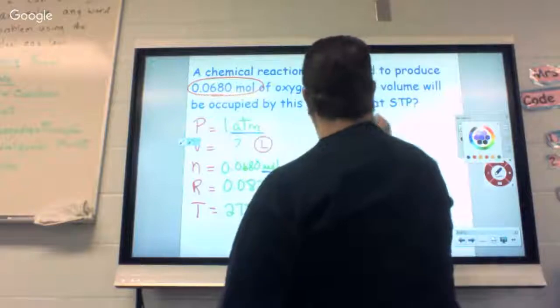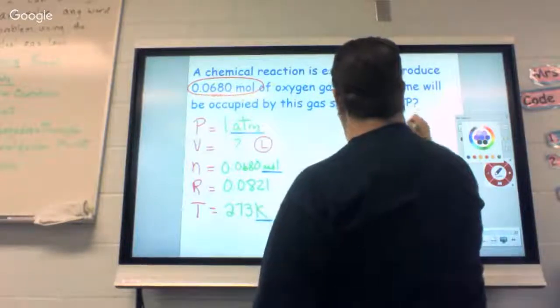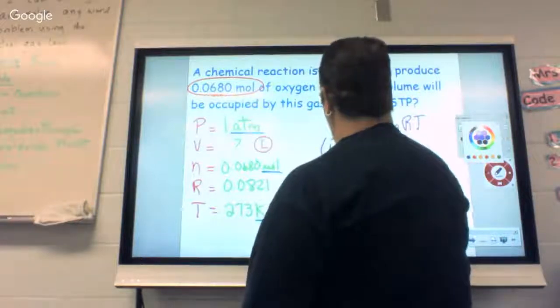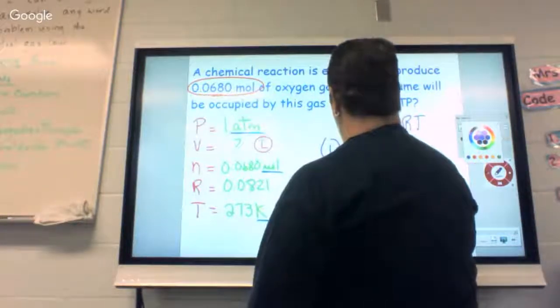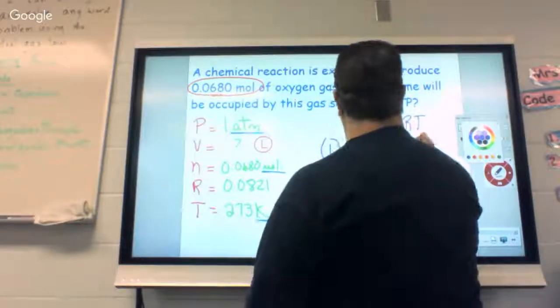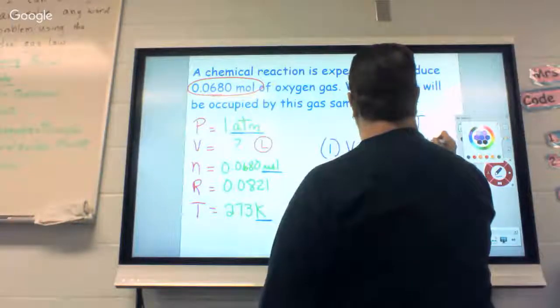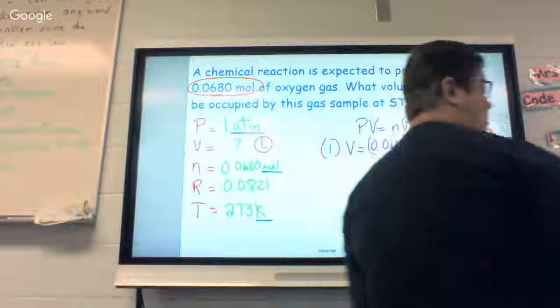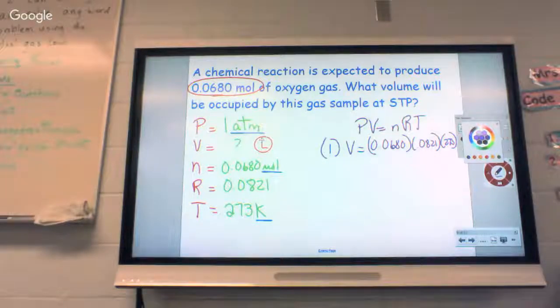So, PV equals nRT. Pressure is 1. Volume we want. Moles is 0.0680. R is 0.0821. Temperature is 273. So, to solve, I'm going to divide by what? 1.